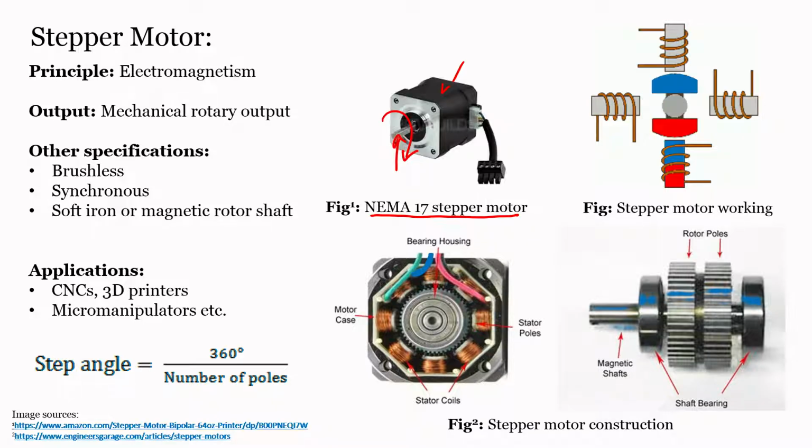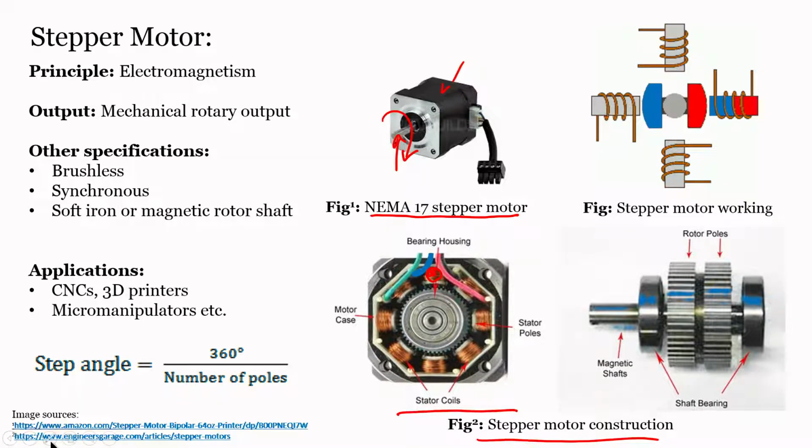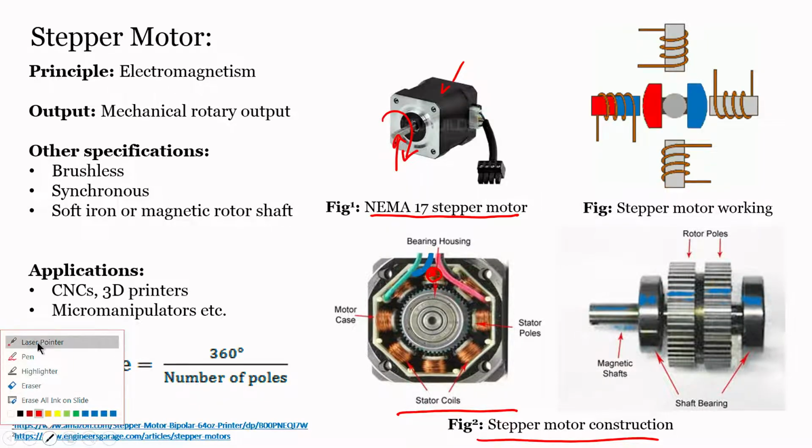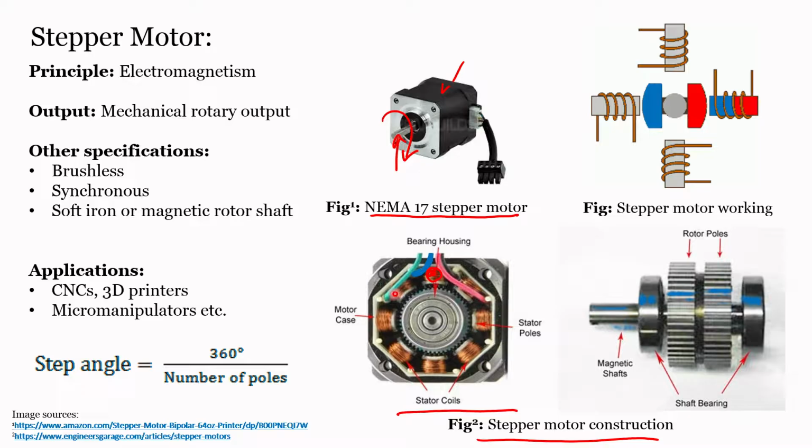You can see that this is the inside of the stepper motor. These two pictures, figure 2, show the inside or the construction of a stepper motor. You can see here that there are coils, correct?